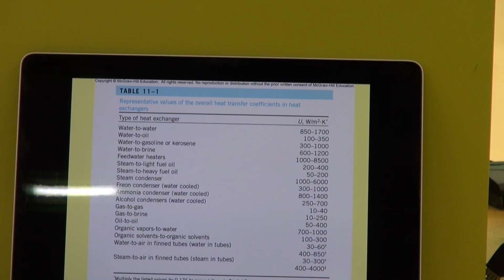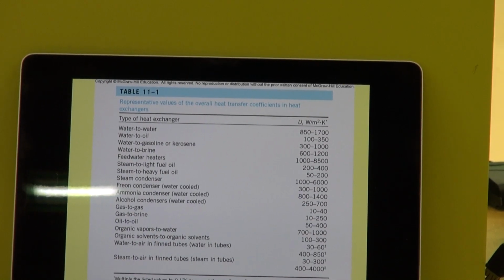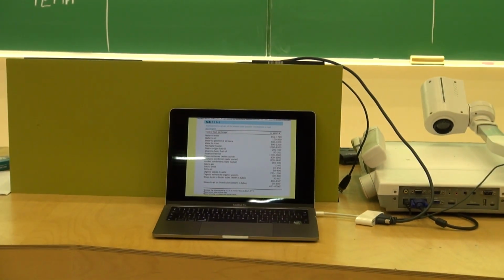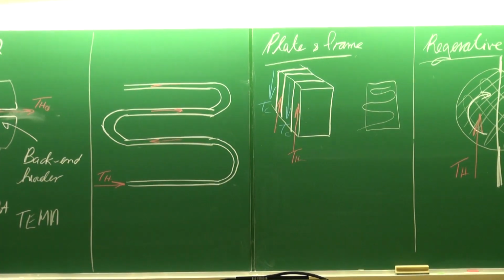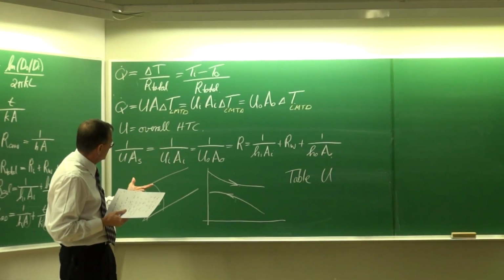When you do the design of the heat exchanger, you can get this from the manufacturer. By giving you this value, you do not have to calculate the heat transfer coefficients on the inside and the outside, and the resistance of the wall. So it saves you some time, and normally you're going to make your selection from there. What is important to note is that you have to be careful with the overall heat transfer coefficient.